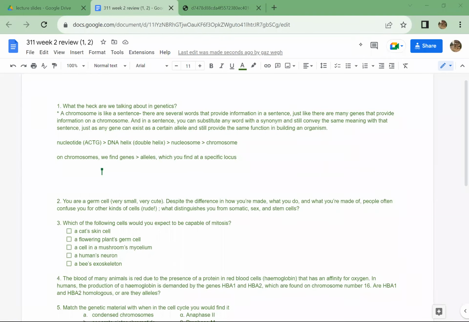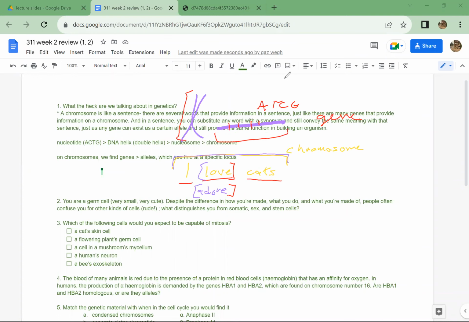Oh yes, that's something I failed to mention. Going back to all of this, when we look at a chromosome, the gene isn't just anywhere on the chromosome. We often find particular genes in a particular place on the chromosome, a specific location.